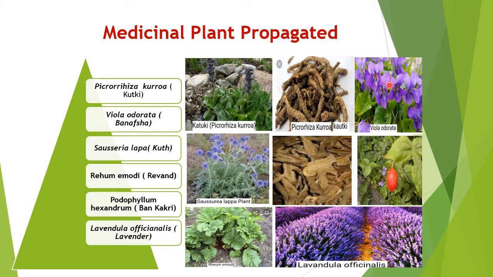These are the medicinal plants which are growing in Jammu and Kashmir. They have rich medicinal properties, and now they are growing in the wild. They are being propagated and cultivated and are being provided to the farmers for further propagation.